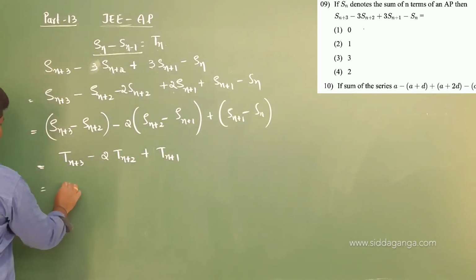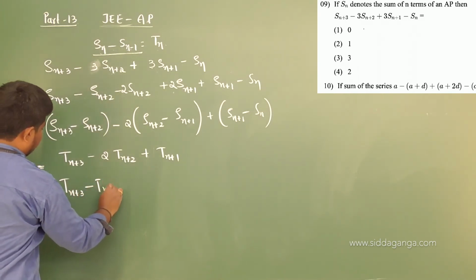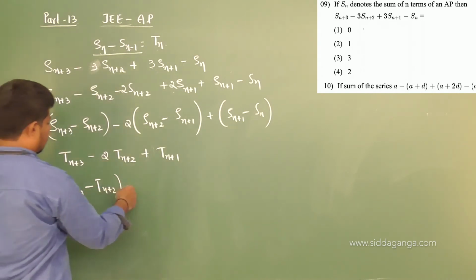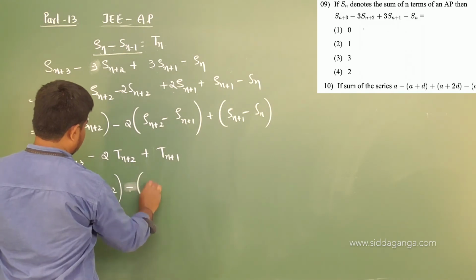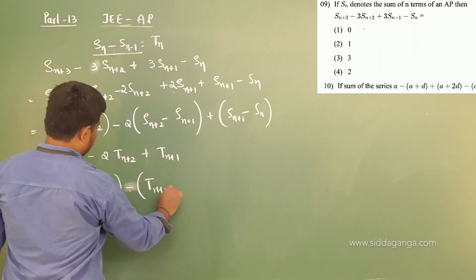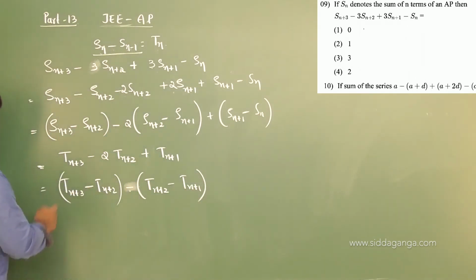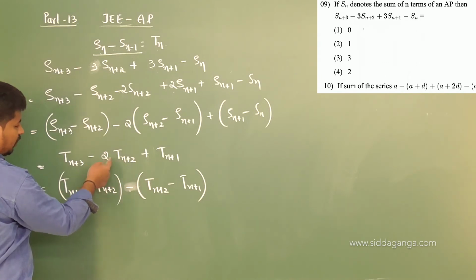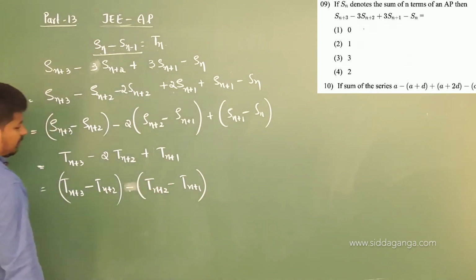Or I can write this as T(n+3) minus T(n+2) minus 2 times T(n+2) minus T(n+1), again plus or minus T(n+2) minus T(n+1). You mean Tn+3 as it is, I have written minus 1, minus 1, minus 2 times T(n+2), and minus and minus plus T(n+1).